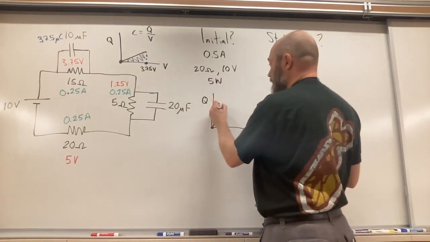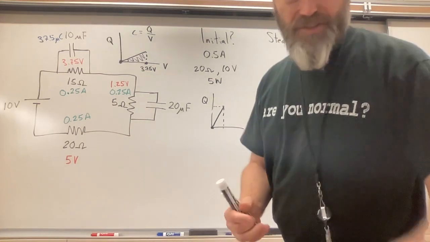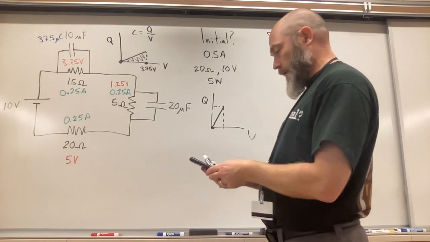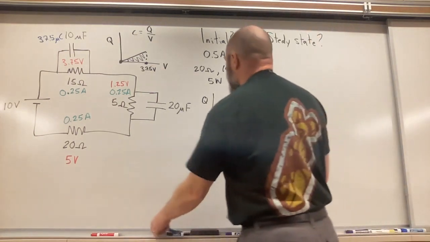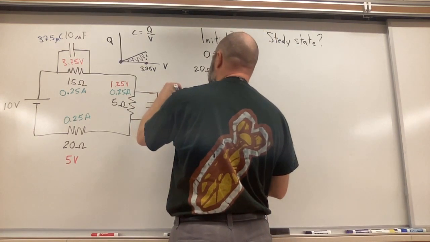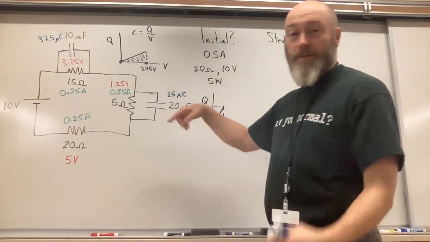So you could figure out how much charge is stored in there. I'm going to use a calculator: 1.25 times 20 gives you 25, so there would be 25 microcoulombs of charge in this capacitor.